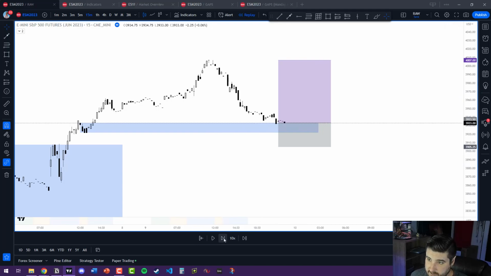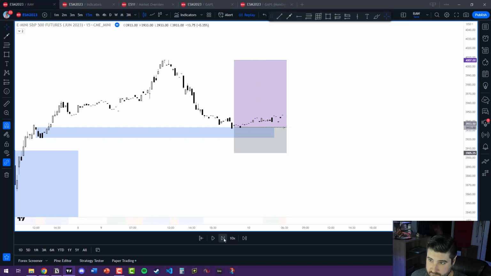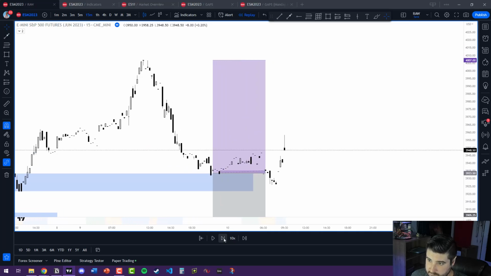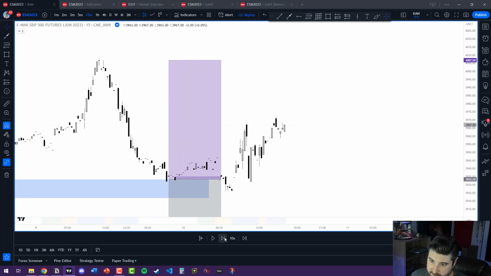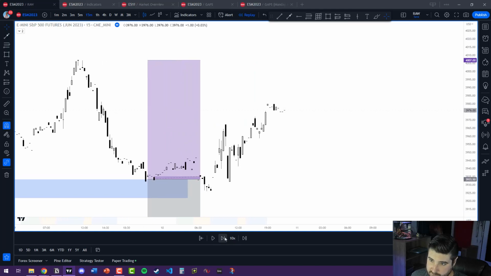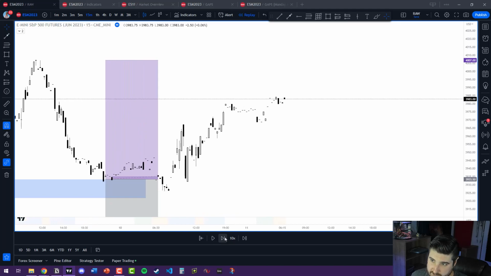So let's say we took this 15-minute order block. Price is just chopping, making progress up, but still chopping around.